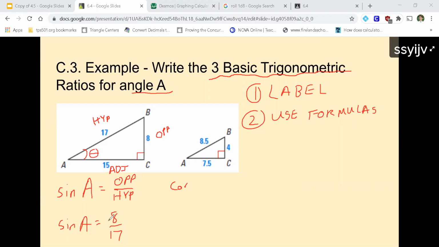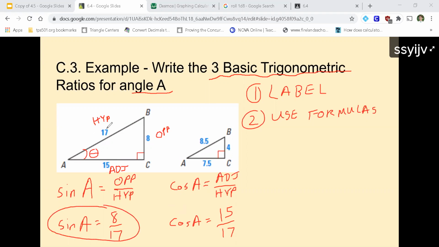The cosine of angle A, according to my notes, is the adjacent over the hypotenuse. So if I plug in, the cosine of angle A would be, what's my adjacent side? 15 over my hypotenuse, 17.